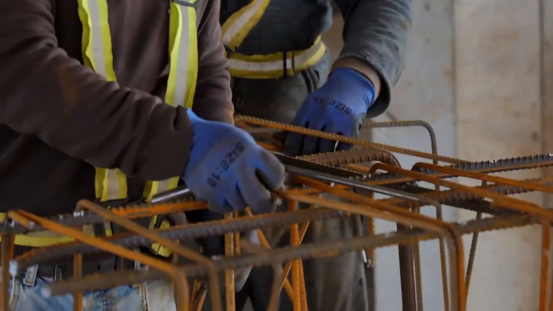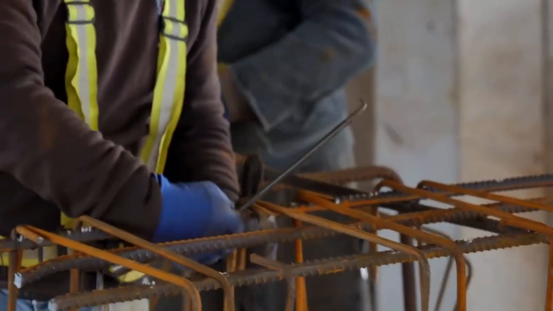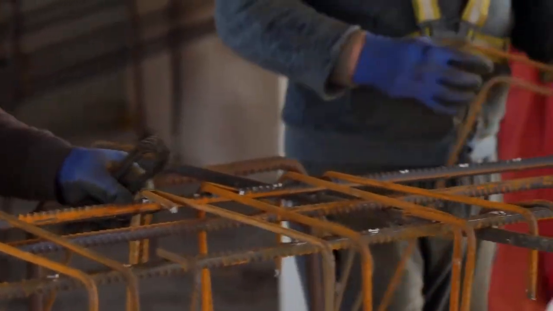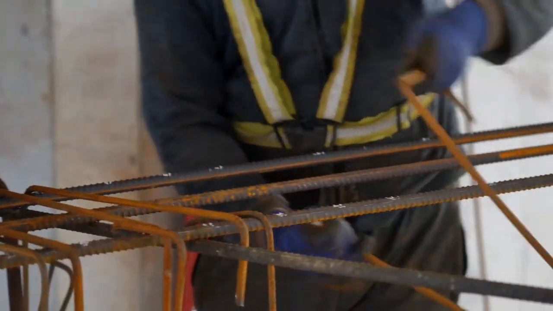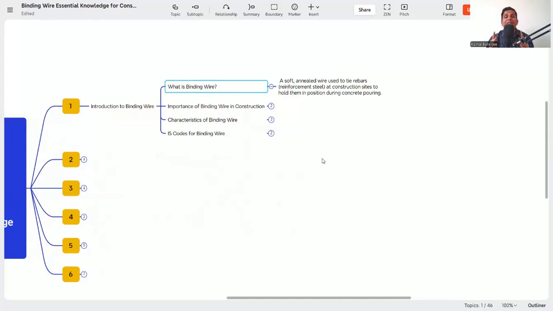So let's jump into the subject, that is binding wire, the essential knowledge for construction personnel in practice. Now, what is the introduction? What is binding wire? We all know the small tiny wire that we use for binding the steel, a soft annealed wire used to tie the rebars or the reinforcement steel at the construction site to hold them in position during concrete pouring.